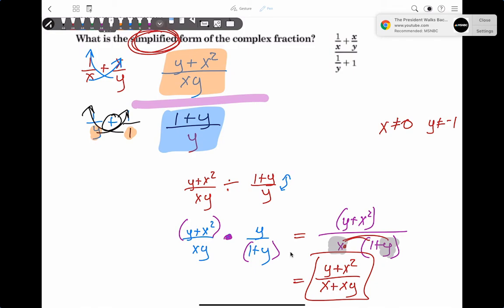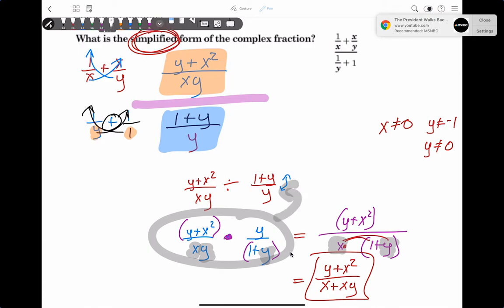Let's see what else we can find, and we're always going to go to the factor pieces to locate these as well. So if I came over here, we know y cannot equal -1, which we've already accounted for. But look at this, y can also not equal 0. So y cannot be 0. We've already mentioned that x cannot be equal to 0, so that's already taken care of.